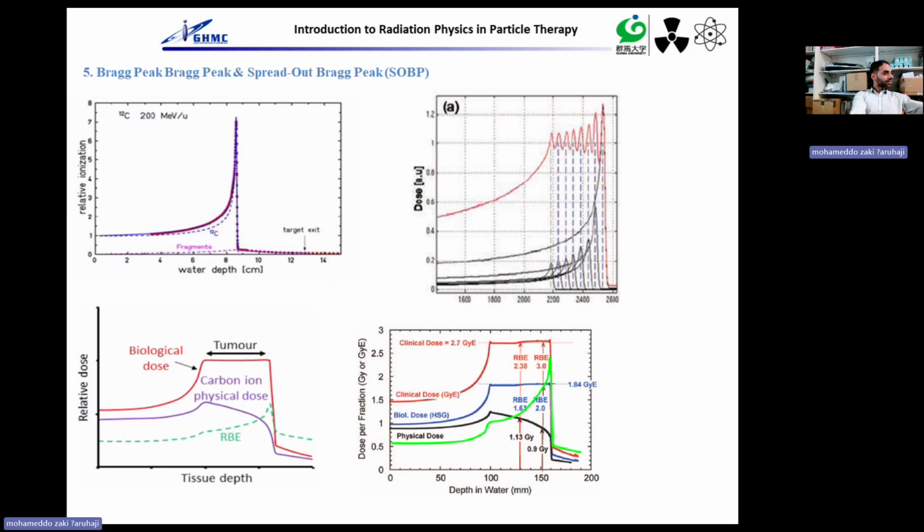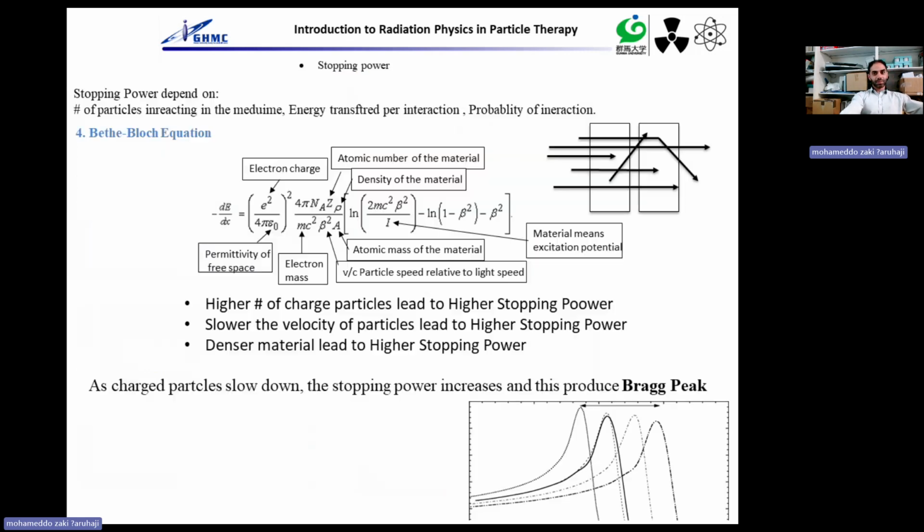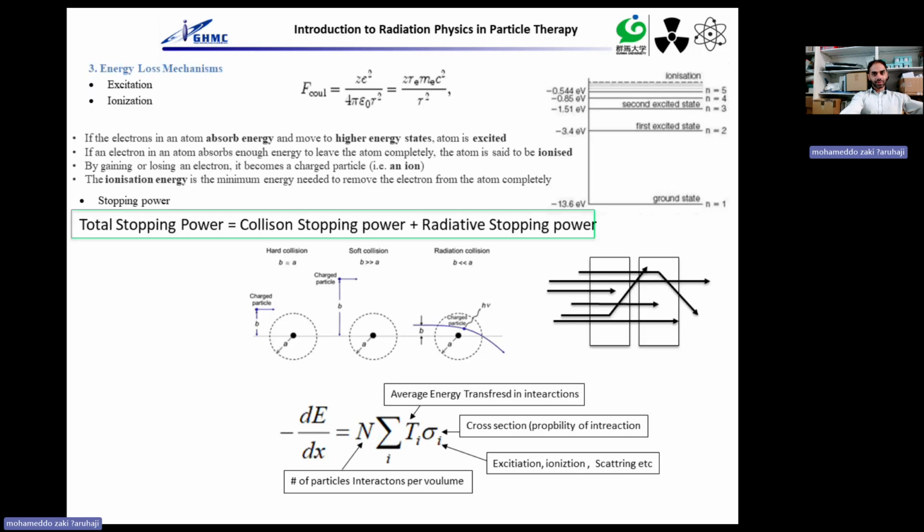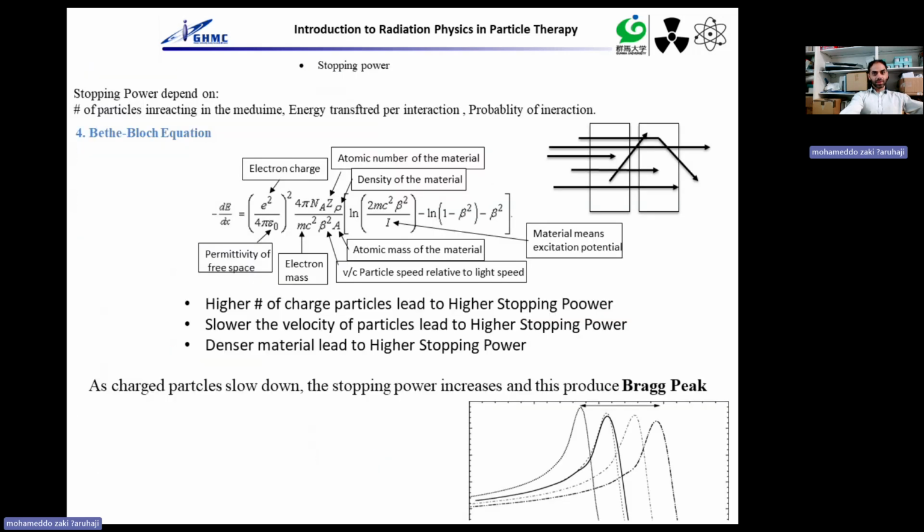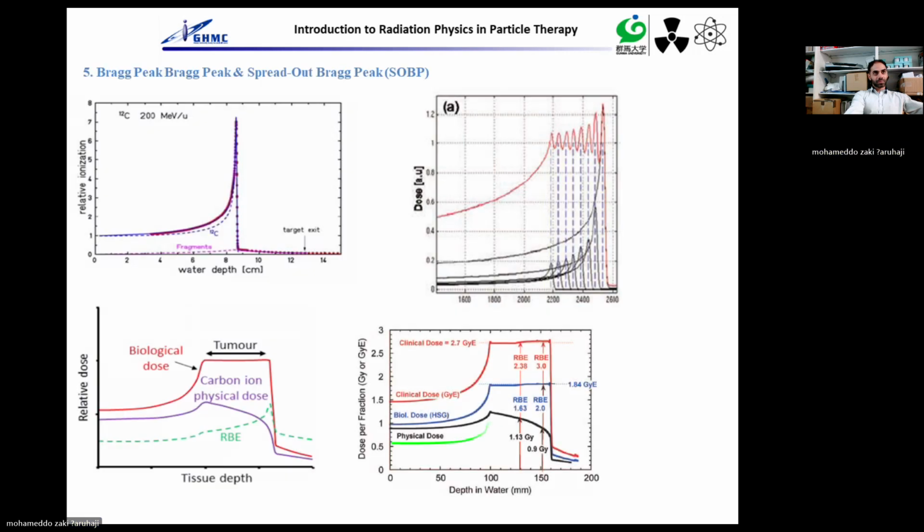Just like the graph shows. Yes, you are right.